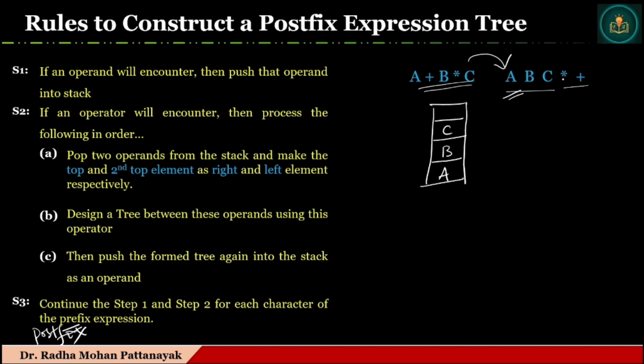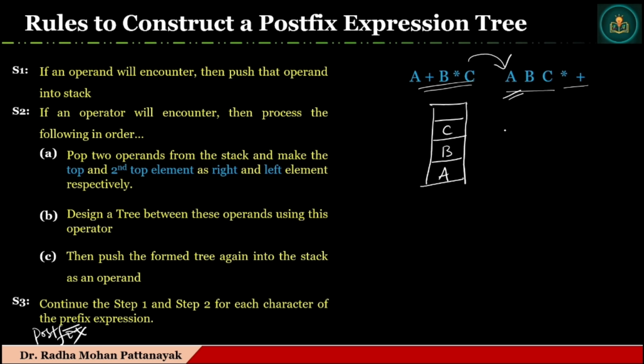Then multiplication came. When multiplication came, what will you do? You will pop out two operands from the stack and design a tree by taking these two operands and that operator. But whenever you are designing the tree, it must be ensured that the top element will come to the right side, meaning right child, and the second top element will become the left child. So here what is the top element?